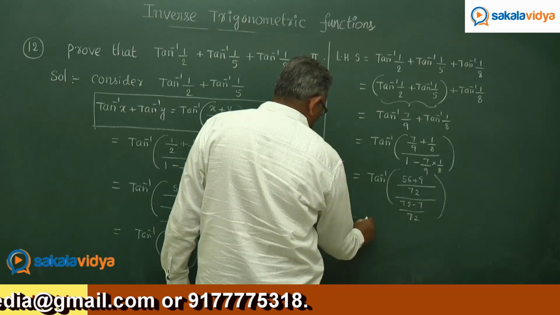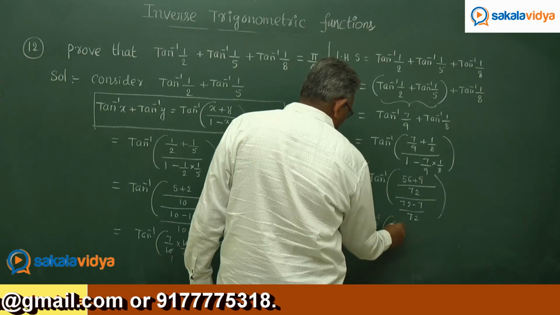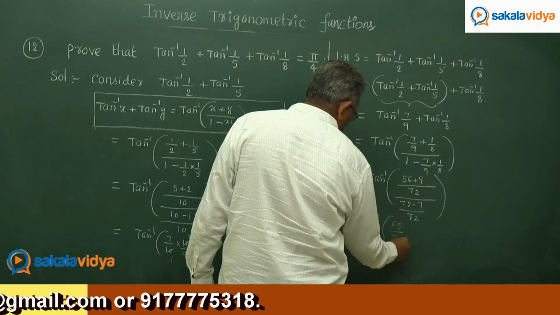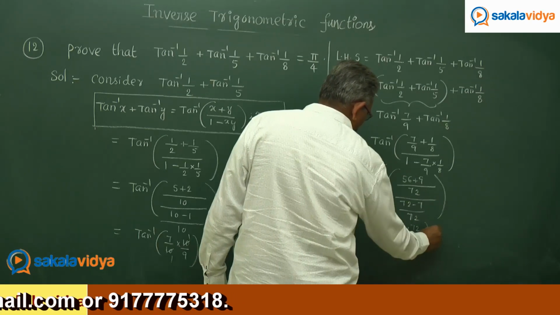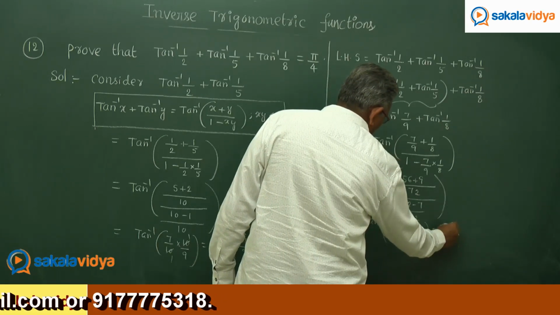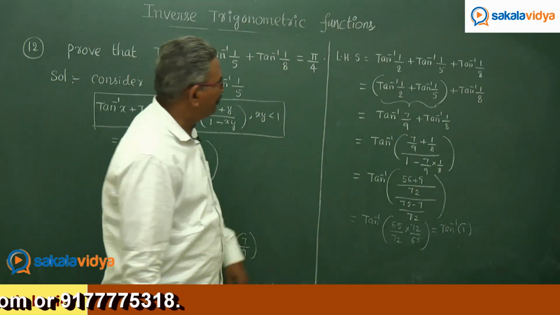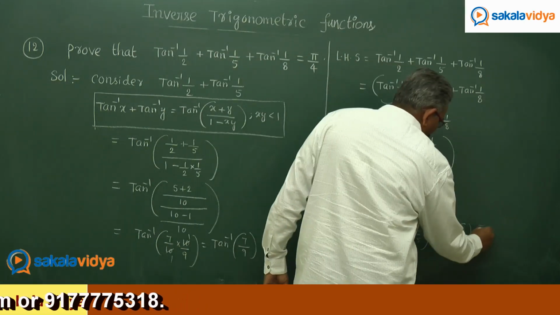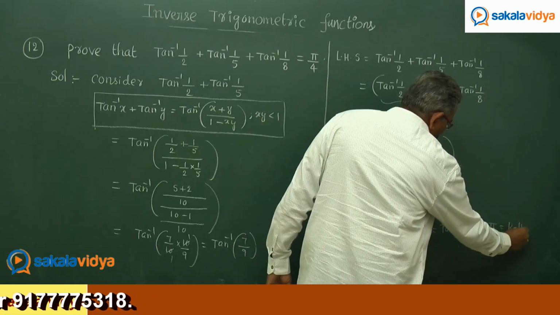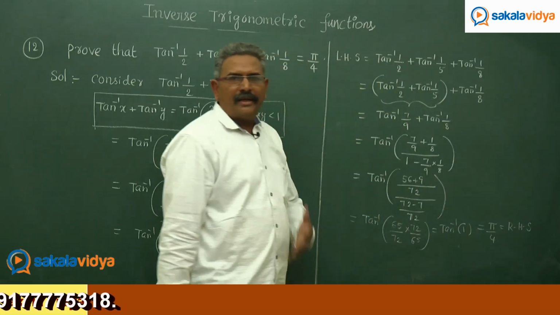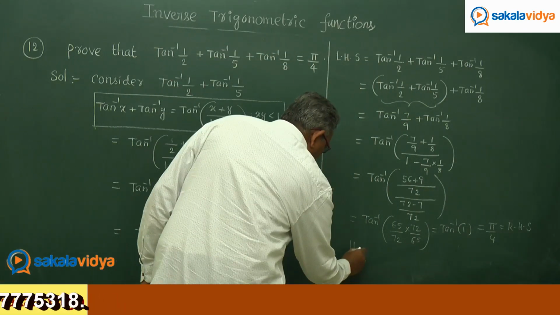This is tan inverse of 65 by 72 into 72 by 65. This is tan inverse 1. Tan inverse 1 is nothing but 45 degrees, pi by 4. This is required value RHS. Hence it has been proved. Hence it is proved.